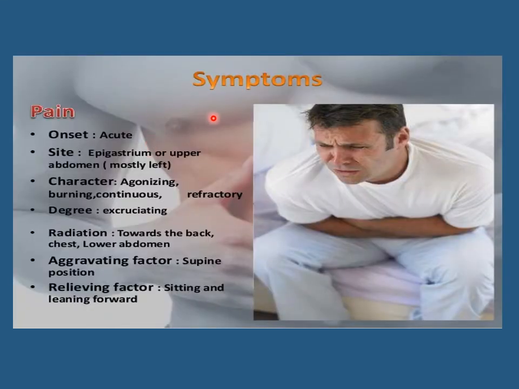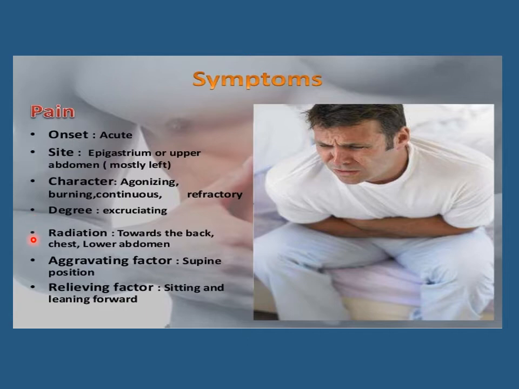Okay, next we come to the clinical features. The symptoms: this is a classical picture of a patient with severe acute pancreatitis. Pain, acute onset. The site is the upper epigastric region, and its character is severe, agonizing, and some people describe it as excruciating, and it's refractory to common medications.